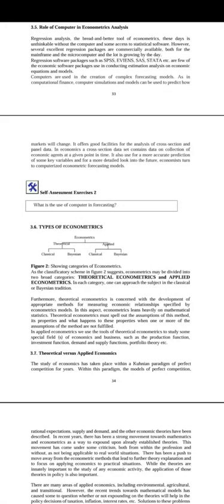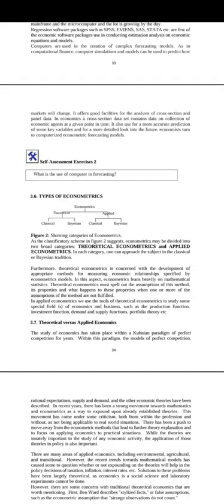It offers good facilities for the analysis of cross-section and panel data. So what is cross-section data?